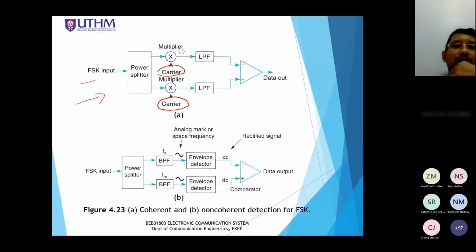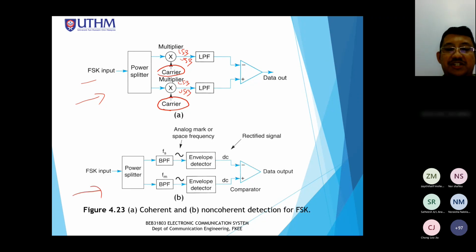Okay, it consists of lower sideband LSB and also the USB. So similar with this one, LSB and USB. So we want the low frequency signal, so we use a low pass filter, and then we can produce the output in terms of logic 1 and also logic 0.